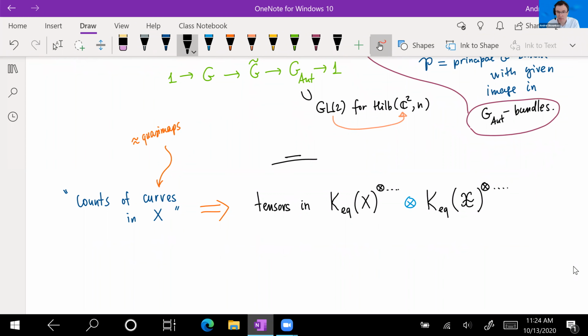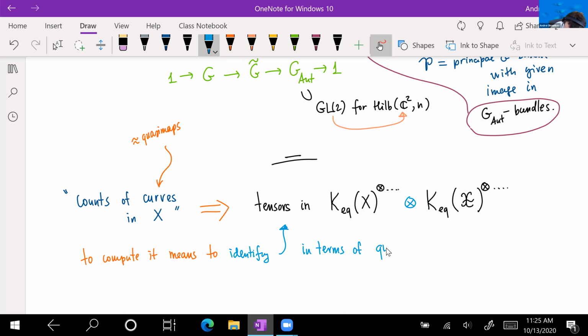And then what would it mean to compute it? To compute means to describe, to identify these tensors in terms of quantum groups. In principle, these are huge.